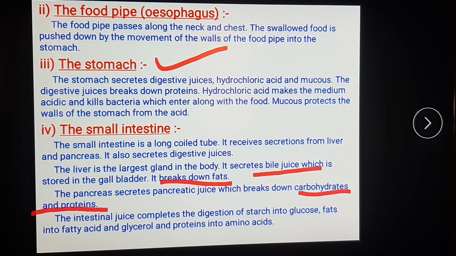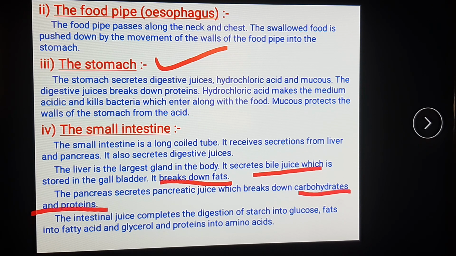Now see here, in the small intestine, all these intestinal juices, for example bile, pancreatic juice, and the digestive juice of the small intestine, help in the digestion process, and in the small intestine complete digestion takes place.